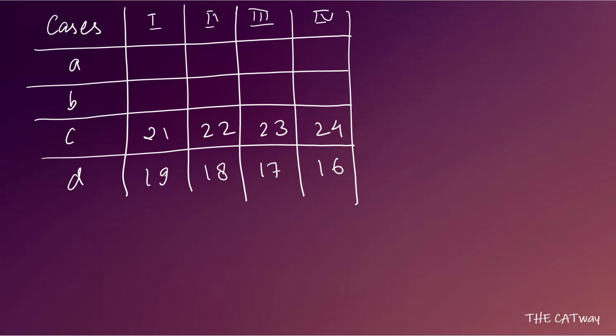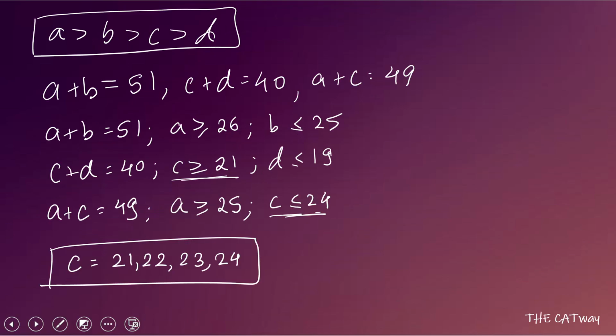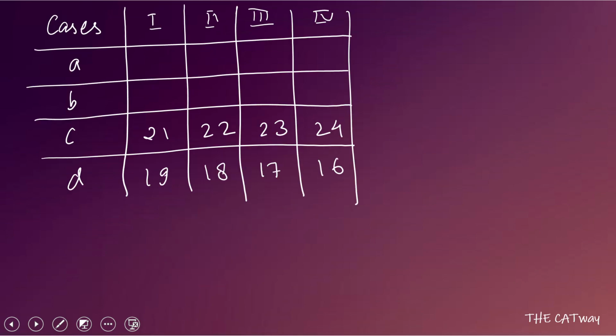Now A plus C is equal to 49. So whenever C is 21, A will be 28. Then as C is increasing, A will keep on decreasing by 1. Similarly, for B, A plus B is 51.